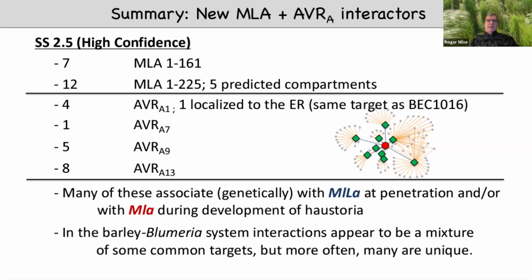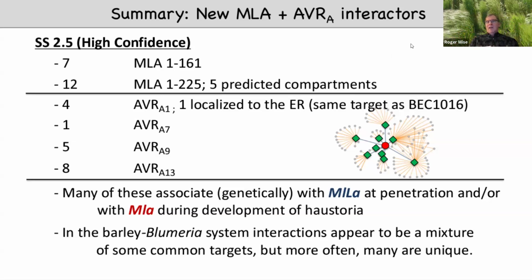The final conclusion is that in the barley powdery mildew system, as you saw before, some of these interactions converge on a common target. Many are unique. Many effectors have somewhere between 3 and 10 targets.